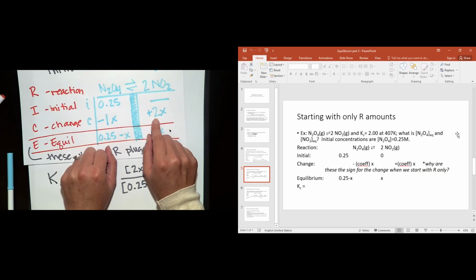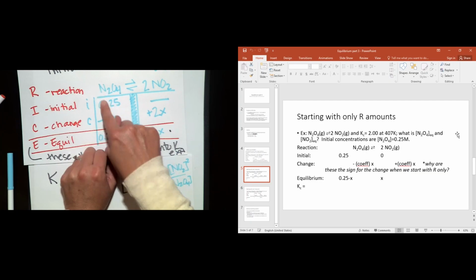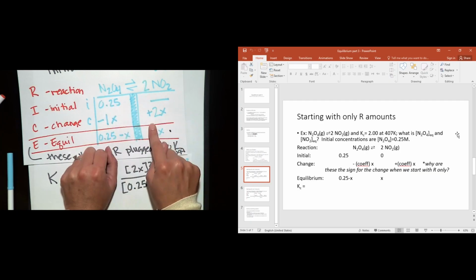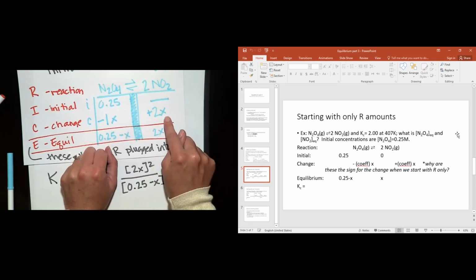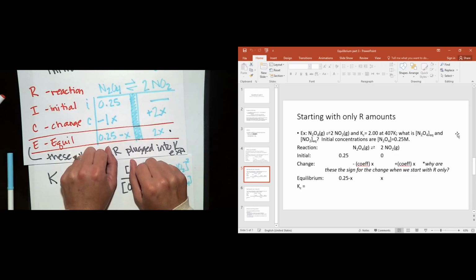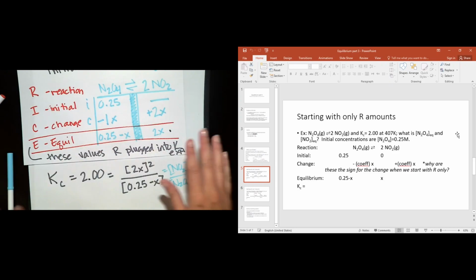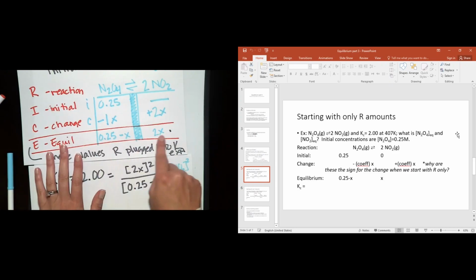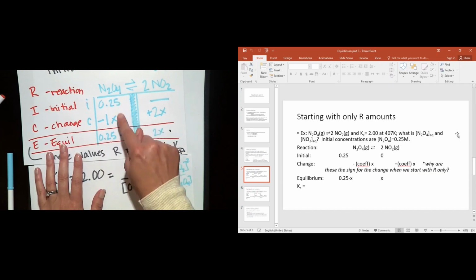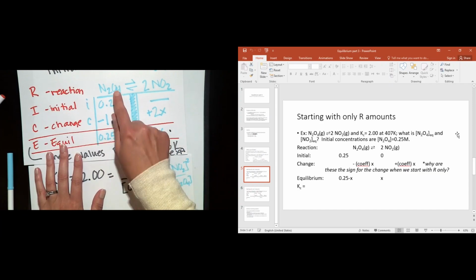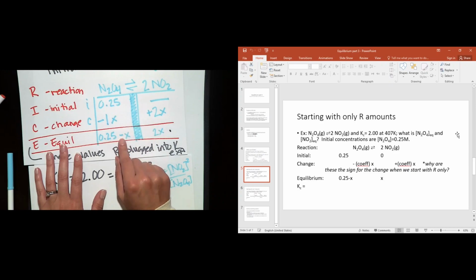You have to form some products because you don't have any yet. You drag down any coefficient and then write the letter X, the variable X, or any one you want. I always use X. Finally, the equilibrium line is just combining those two together. I'm not changing any signs. I'm effectively adding initial and change together.